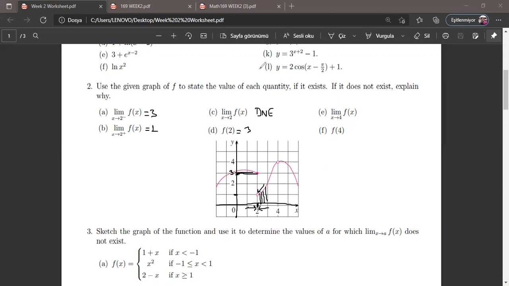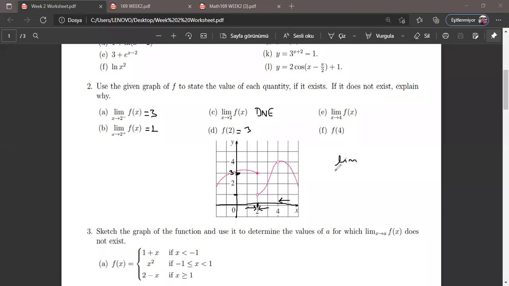Okay, what about this? Now we need to approach 4 from left and right, and we need to check if they are equal or not. So we're approaching 4 from the right first, and here we see this point, which is 4.